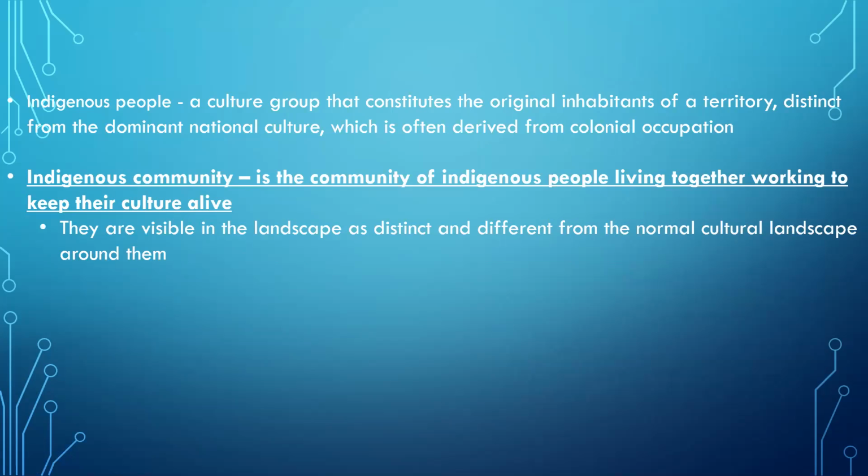They're very visible in the landscape because they're so distinct and different from the normal cultural landscape around them. It's the community of indigenous people living together, working to keep their culture alive, because let's face it, globalization in general has kind of killed off a lot of the uniqueness of certain places, for better or worse.